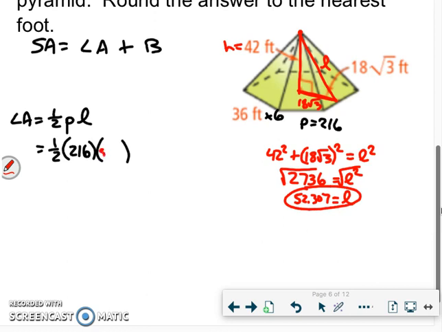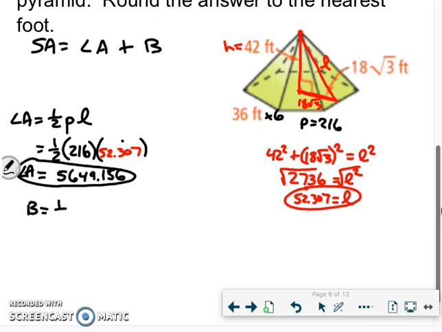That can be what goes in here, 52.307. All right, and now I'm ready to find the lateral area by plugging that in. 1/2 times 216 times 52.307 would give you about 5,649.156. So that's my LA answer.